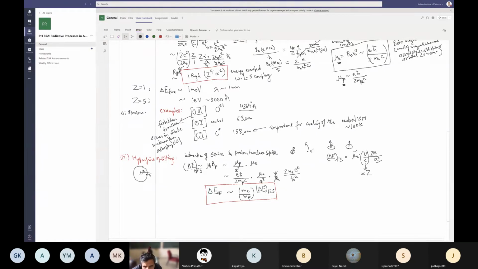So e squared by h cross c. This is nothing but alpha. Right, so everything else is there.